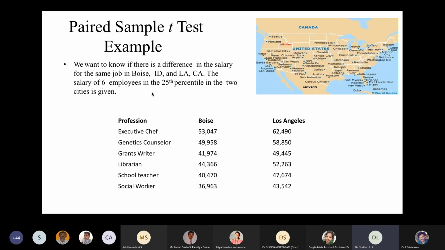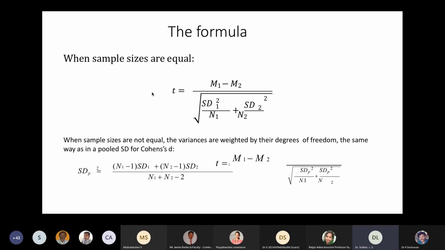That is called the paired sample test. You can make one single event, find out the salary in that event, and make two regions. The comparison we have been making is between two regions. So next.